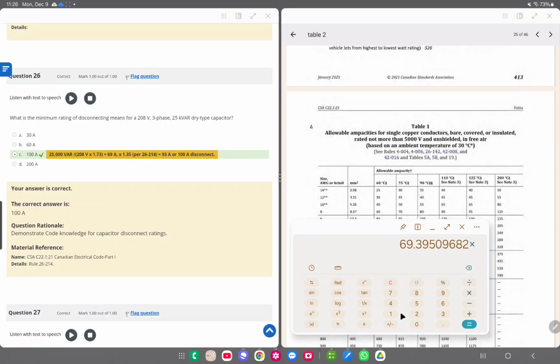We multiply that by 1.35, and we get 93 amps.